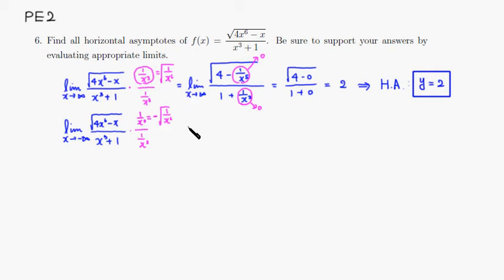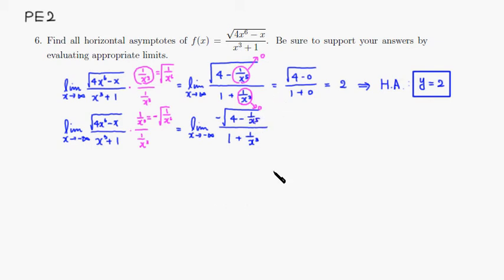Then we have the limit as x approaches negative infinity. The bottom is exactly the same, 1 plus 1 over x cubed. The top is exactly the same except for the negative sign in front: the square root of 4 minus 1 over x to the 5th.